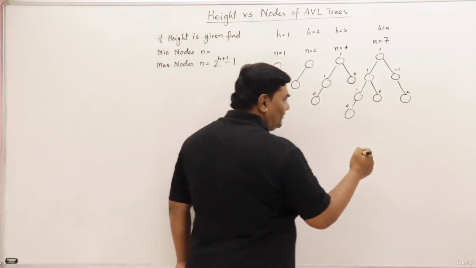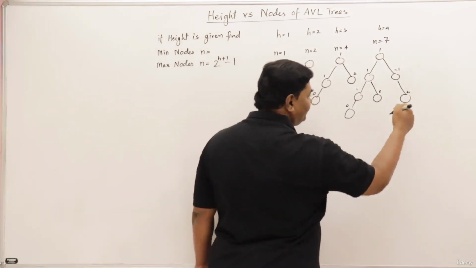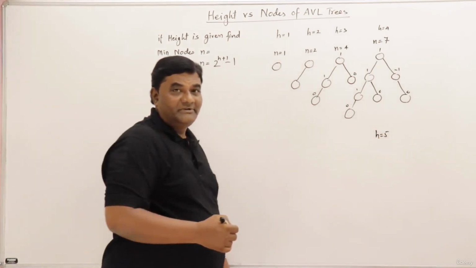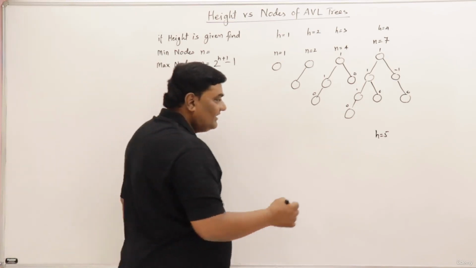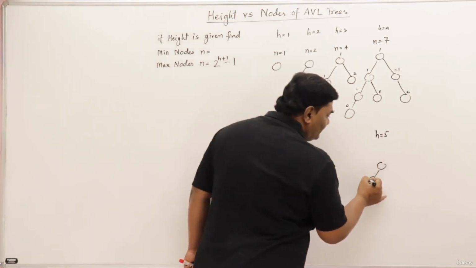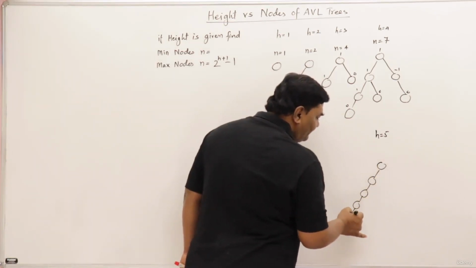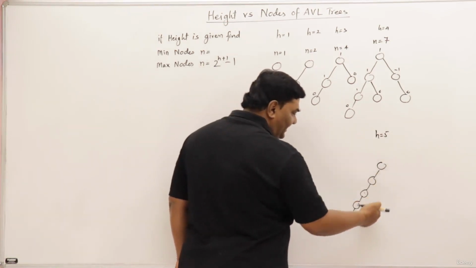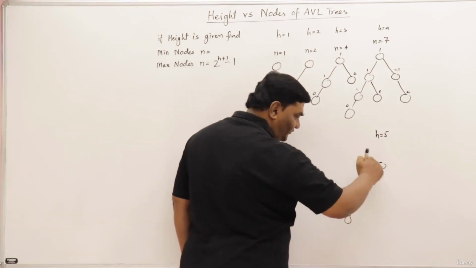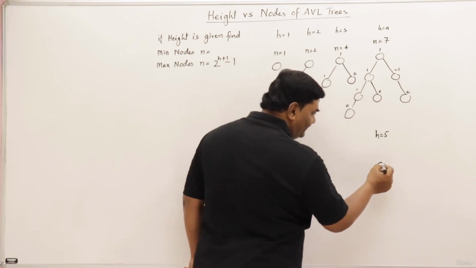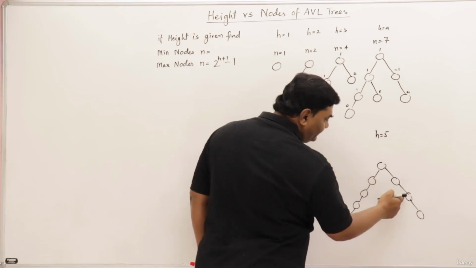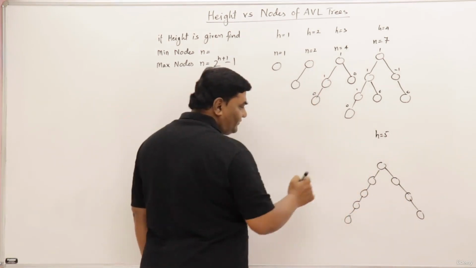Then for 5 also I will draw it here. There is no space on that side. If height is 5, then minimum how many nodes required? I will draw it. 1, 2, 3, 4, 5. No, this is not balanced. If you have 5 nodes this side including this one, 4 nodes must be there, then only it is balanced. Yes, perfect, including that root.